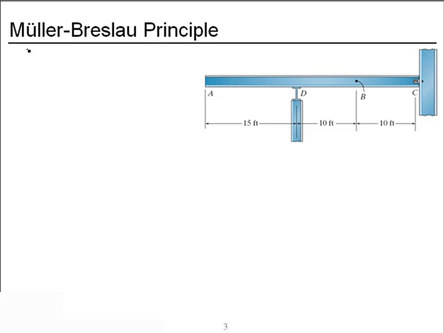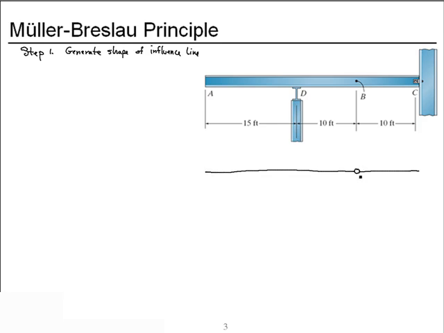So our first step is to apply the Muller-Breslau principle to generate the shape of the influence line. To do that, we release the structure's ability to constrain or carry that internal force.